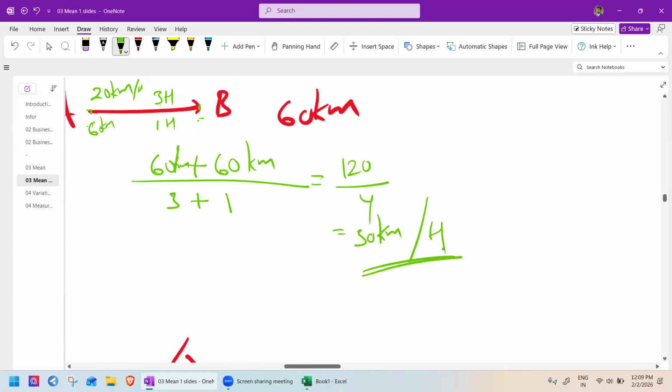But earlier you said 20 kilometers per hour plus 60 kilometers per hour divided by 2, then 40 kilometers per hour.